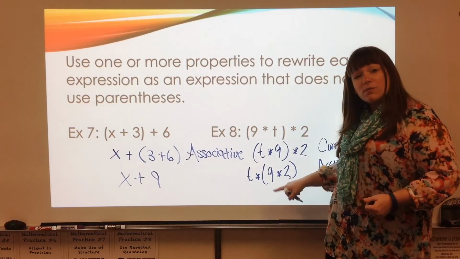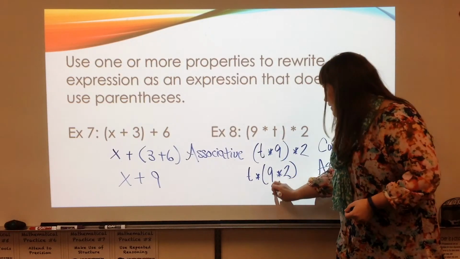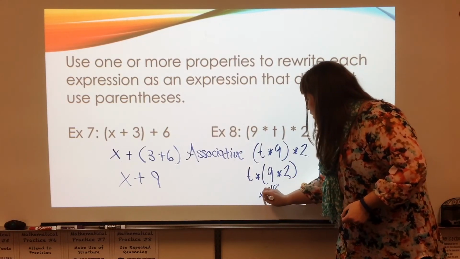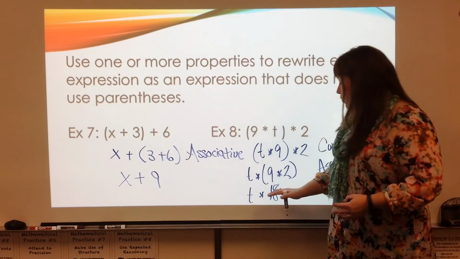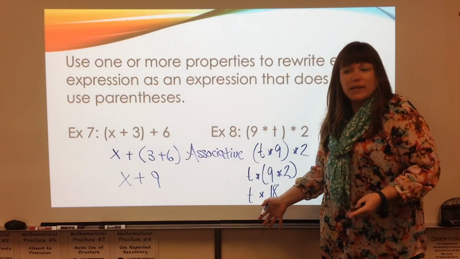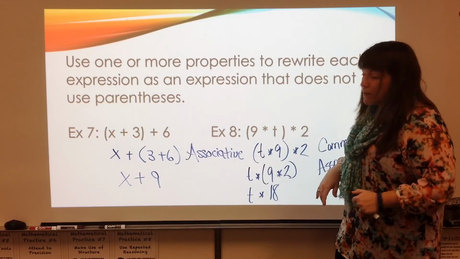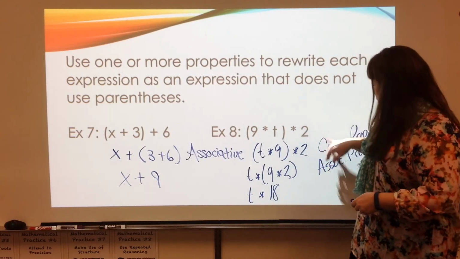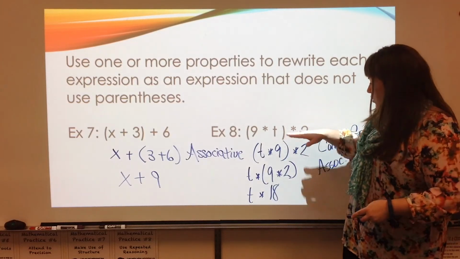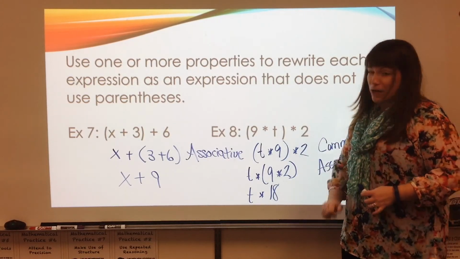Now I can multiply the 9 and the 2, that's 18. And whatever this t ends up being, that's great. We're going to pluck and plop maybe later. And I know that we have an expression that's a lot simpler than what we started with. So we use 2 properties here to change it from having 3 terms down to 2 terms.